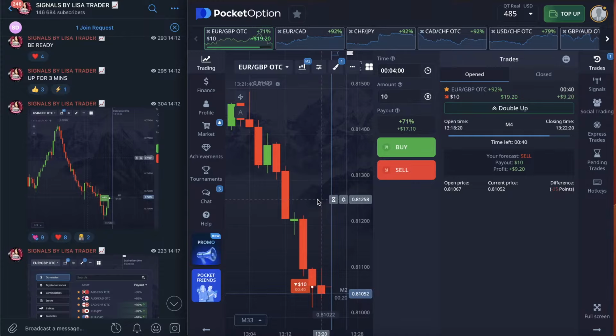So it's 40 seconds for now. You can see it here in real time. Also, open price, current price, difference, open time, closing time. Okay, let's wait 30 seconds.